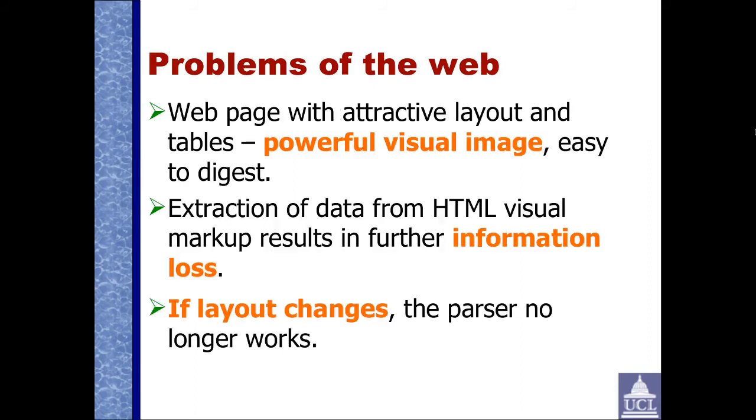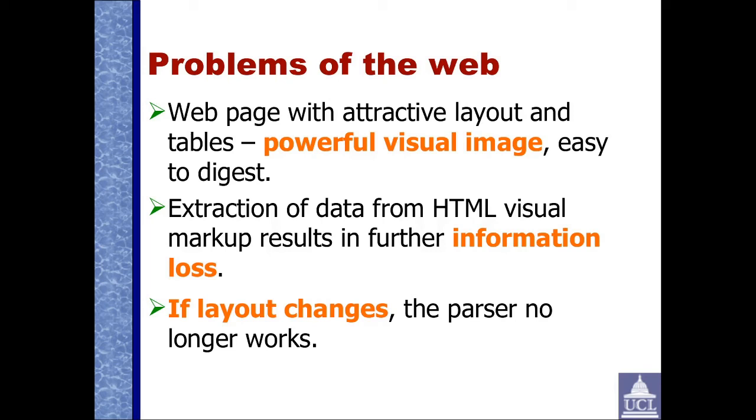For the last few minutes, I'm going to talk about some of the problems of the web and some of the ideas that had been developed for the web but really haven't seen much traction. One of the problems of the web, as I've described it, is that web pages with attractive layout and tables can produce powerful visual images which are easy for you to digest when you're reading them, but they're not easy for computers to find anything out from automatically.